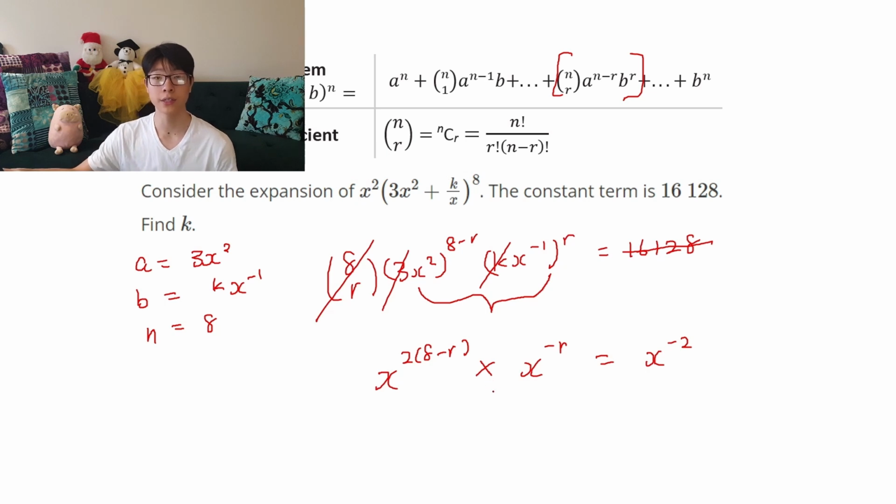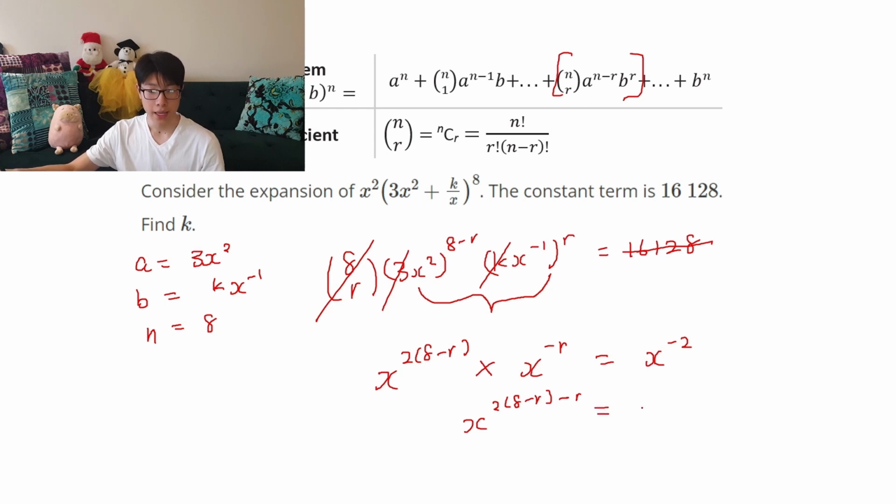Now we can use our index properties of multiplying two indices of the same base, meaning the two indices will add. So we can simplify the left-hand side to this, where we add negative r, or in other words, just minus r. And then it will equal the same thing over here. Now if we think about it logically, x to the power of something will equal x to the power of negative 2.